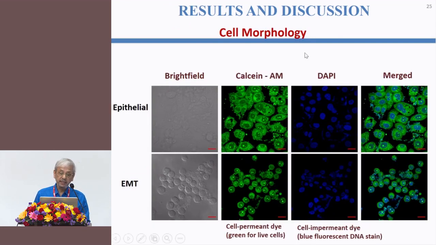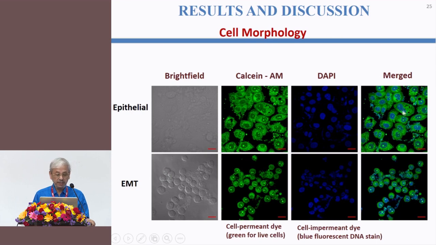And for that testing, what we did, this is bright field photography, and then we did some specific staining. This is calcein AM staining to stain the cytoplasm, and this is DAPI staining to stain the nucleus, and then merging these two images to get the merged image.